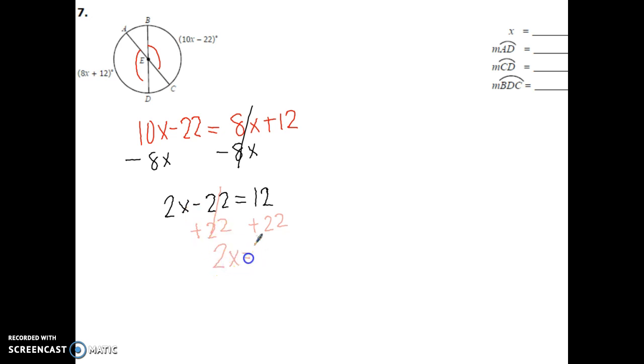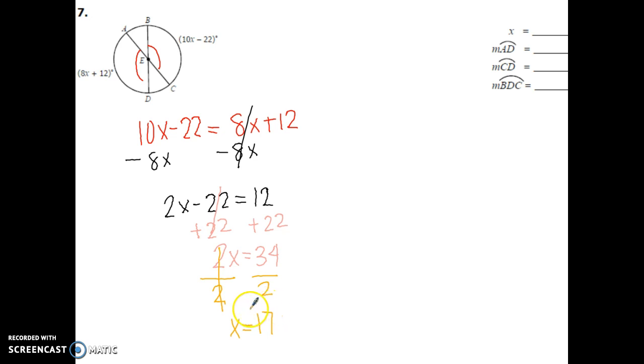The 2x drops down, 12 plus 22, that is going to equal 34. And my very last step is to divide both sides by 2. So finally, after all that, I do have an x, and that is 17.